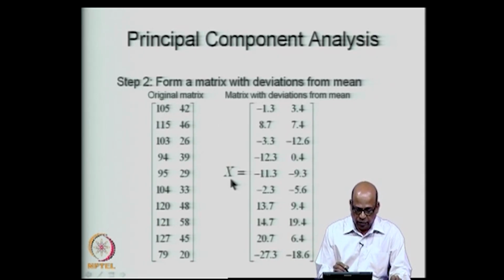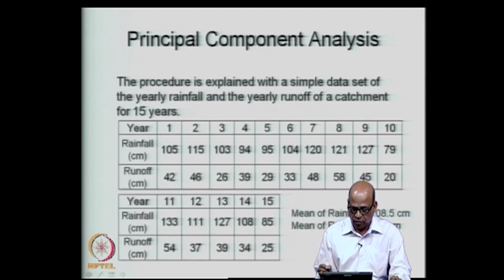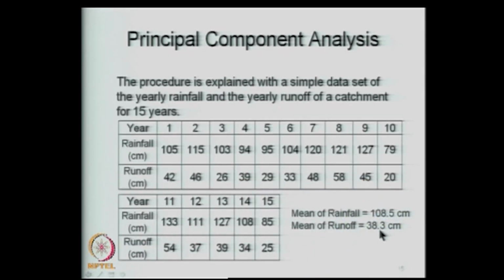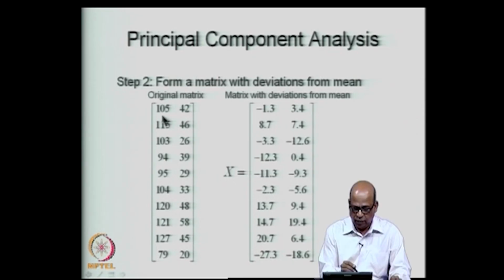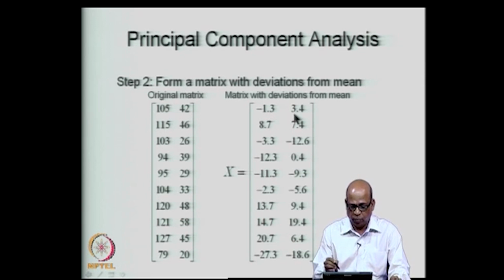Now, I form a matrix X by deducting the mean of rainfall from this column and the mean of runoff from this column. Mean of rainfall is 108.5, mean of runoff is 38.3. So, 105 minus 108.5, I will round it off to minus 3.5, similarly 3.4 and so on.